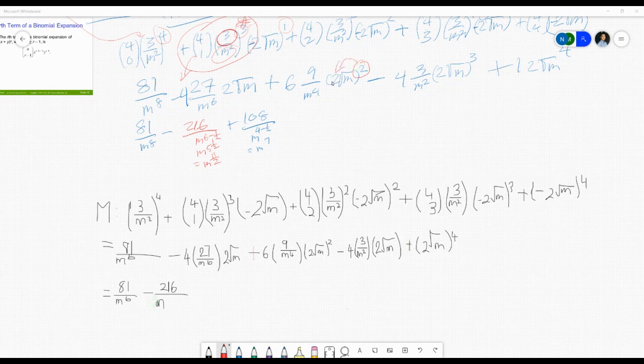Yes, so you should put parentheses around there. Yeah, that should be 2 squared. I see it now. Thank you, sir. So it's 6 times 9 times 4. So that is 216. 4 times 27 times 2. Okay.